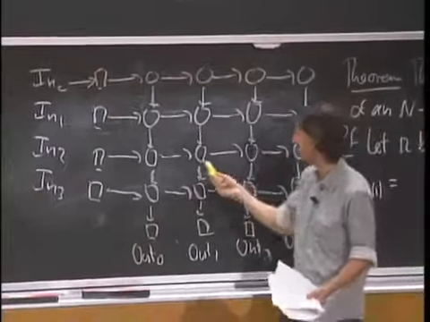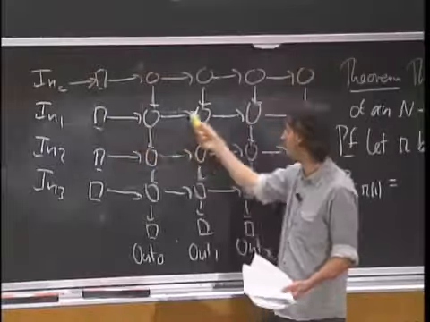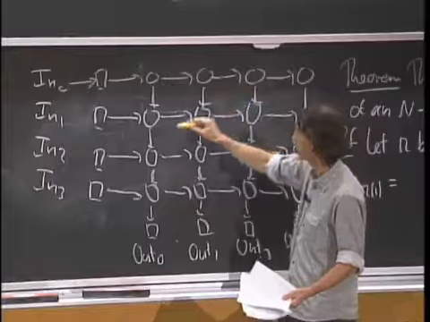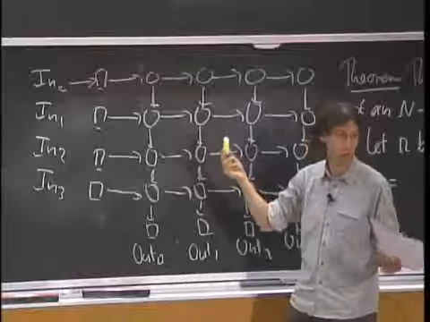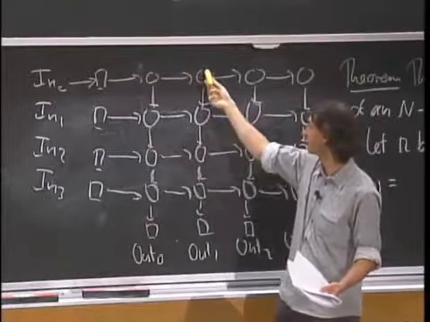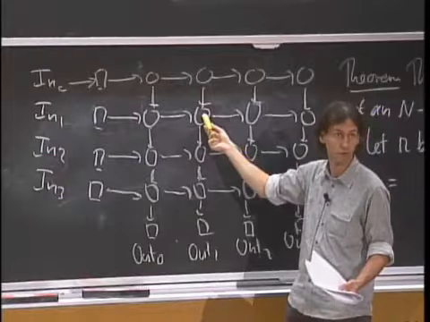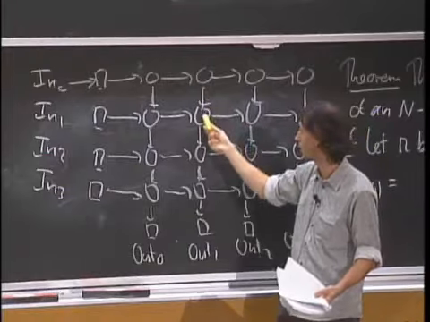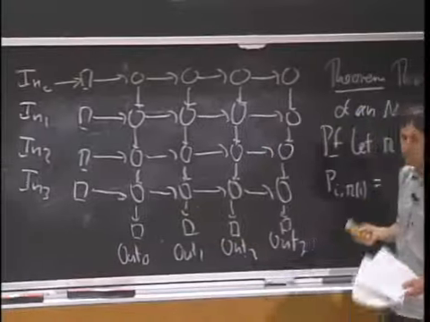A switch will be accessed at most twice: a switch can either receive a packet from this direction or receive a packet from the upper part. That will be a really good idea.